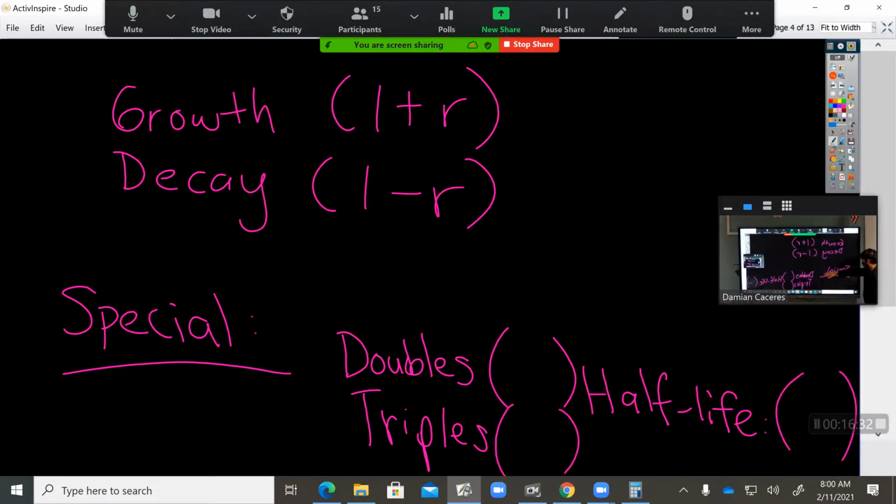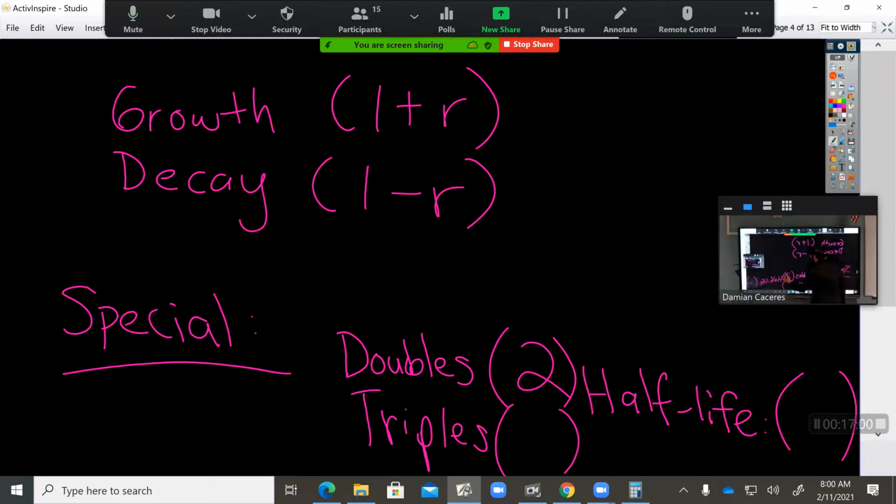If you ever see doubles, triples, or half-life, you're not doing 1 plus anything, you're not going to do 1 minus anything. Okay? If you see the word doubles, you're going to put a 2 in there. Now, think about this. If I have $100 and it doubles, how much do I have? 200.